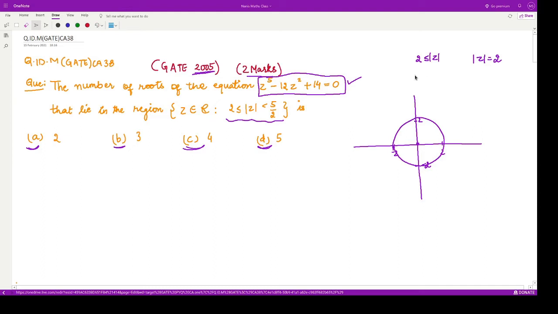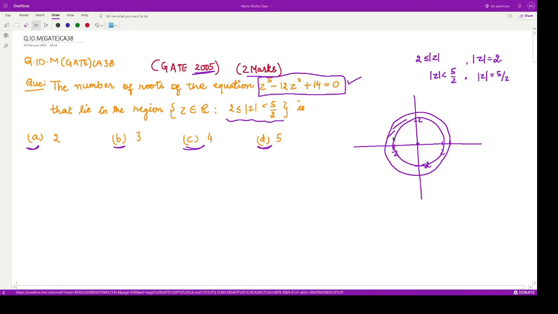And for this inequality they are saying mod z strictly less than 5 by 2. We'll first write this equality, mod z is equal to 5 by 2. 5 by 2 is 2.5, so it would be somewhere here, right? So let us draw the circle over here. Now they are saying our region is in between these two circles.